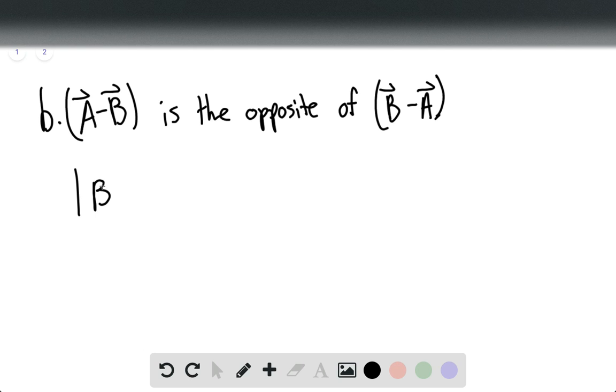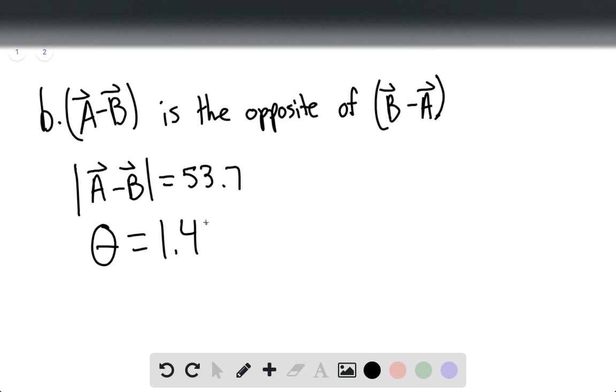The magnitude is going to be the exact same, because even though they're opposite, they still have the same magnitude. They're just opposite in direction. So it'd be a minus b. The magnitude would be equal to, again, 53.7. But now the angle here is going to be 1.4 degrees below the positive x-axis.